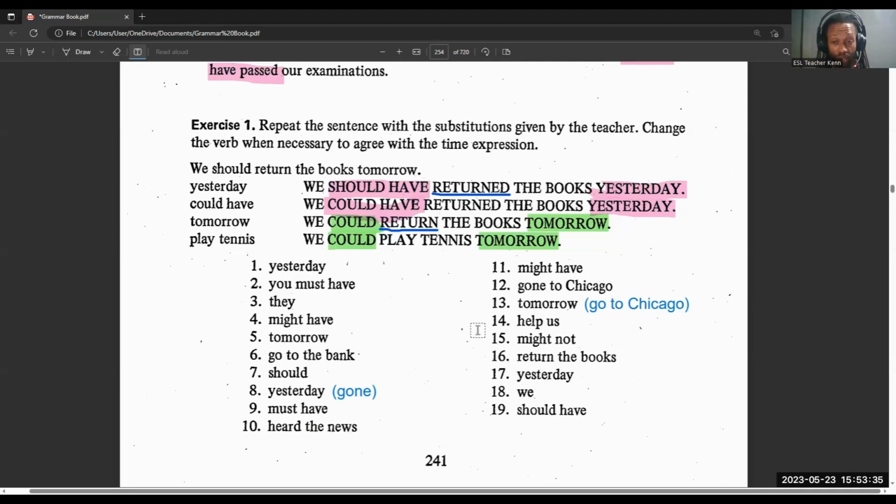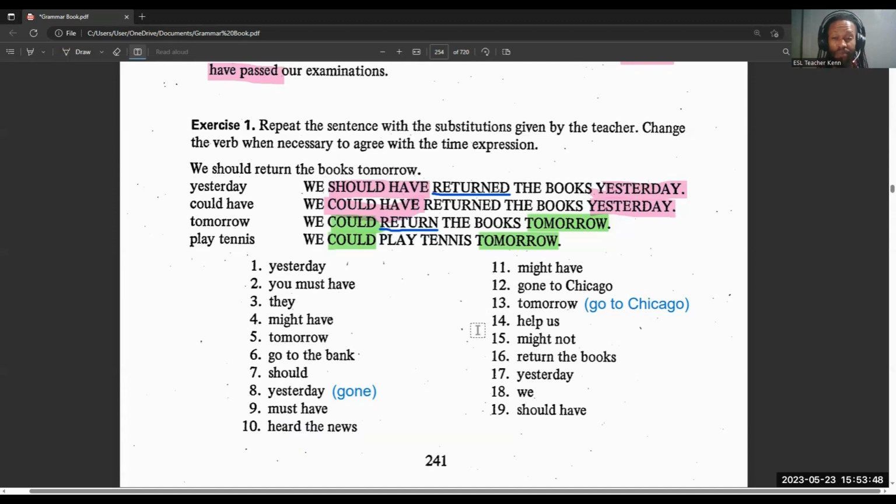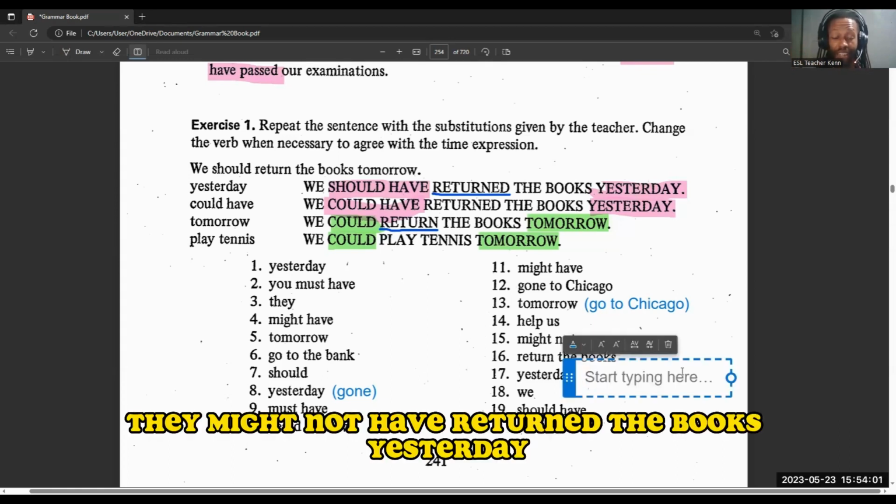Return the books. They might not return the books tomorrow. Yesterday. They might not have returned the books yesterday.